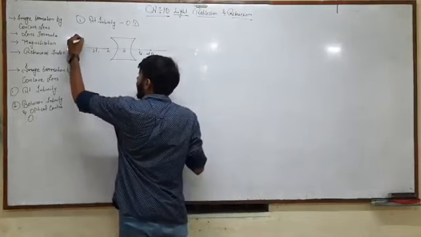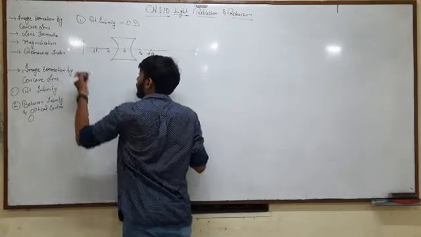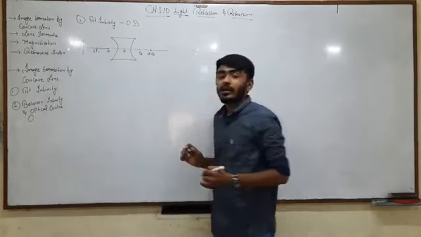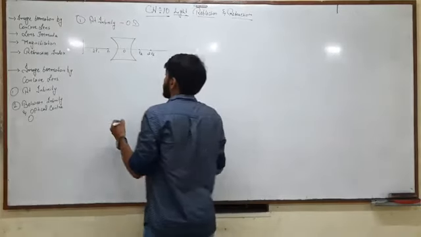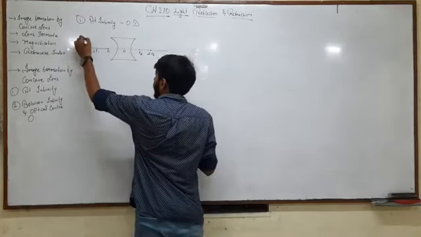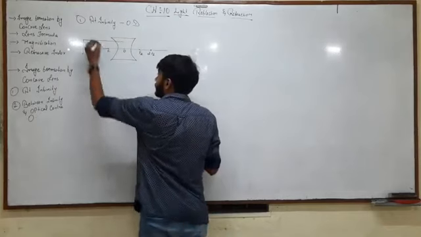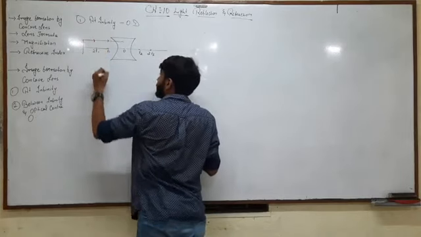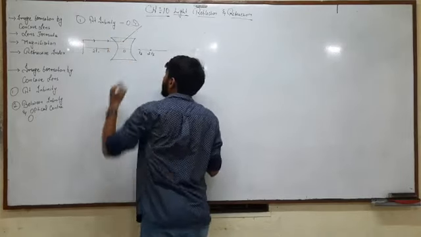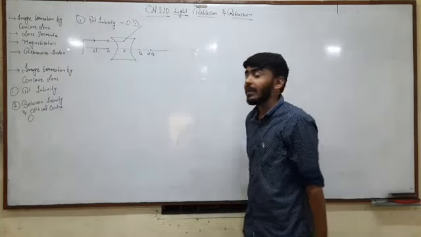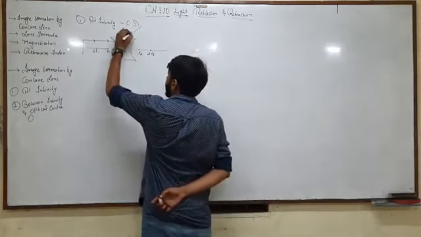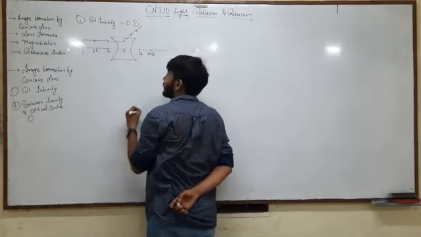Now, if I have an object that is kept at infinity over here, what happens? One of the rays travels till here, that is your first incident ray, and then it diverges. We need to write this.